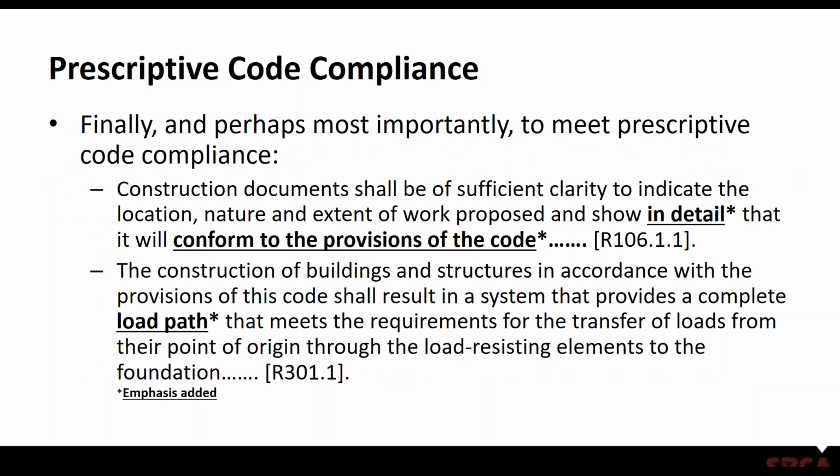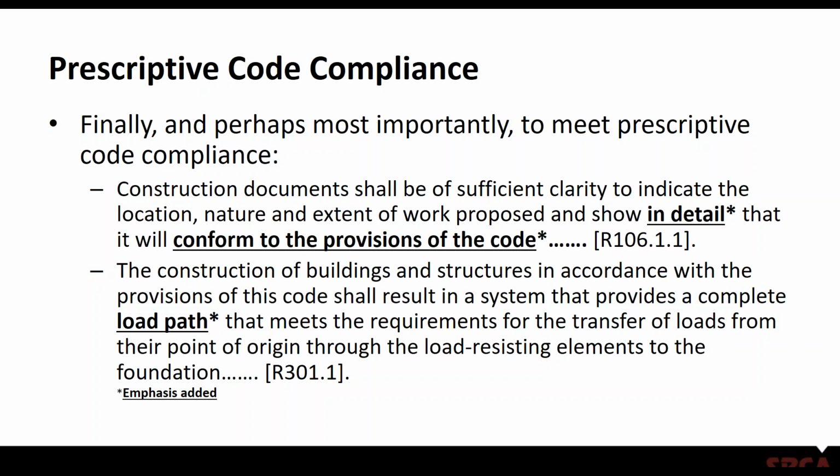Finally, and perhaps the most important in terms of prescriptive code compliance, is that the construction documents per R802.1.1 should be of sufficient clarity to indicate the location, nature, and extent of the work proposed, and show in detail that it will conform to the provisions of the code.